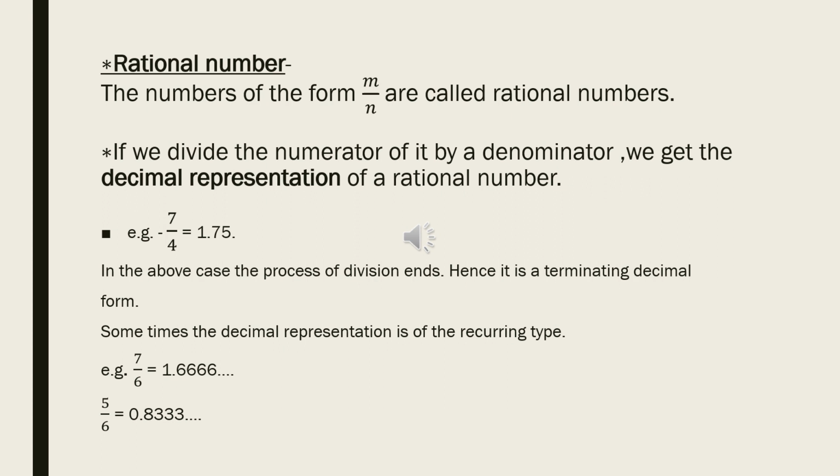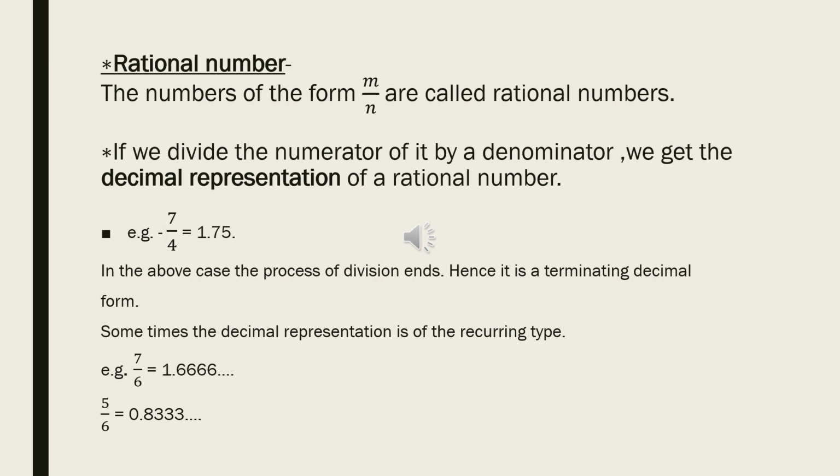But sometimes the decimal representation is of the recurring type. That is, we do not get 0 in the division and the remainder goes on repeating and the digit in the quotient also goes on repeating. This type of division is known as recurring division and the decimal representation is known as the recurring type.